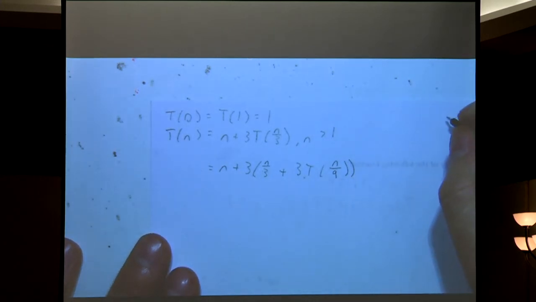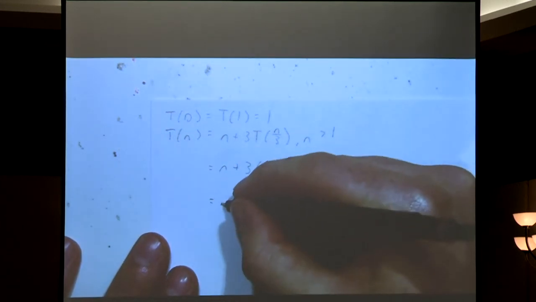Does that step there make sense so far? Okay, I'm going to keep going.